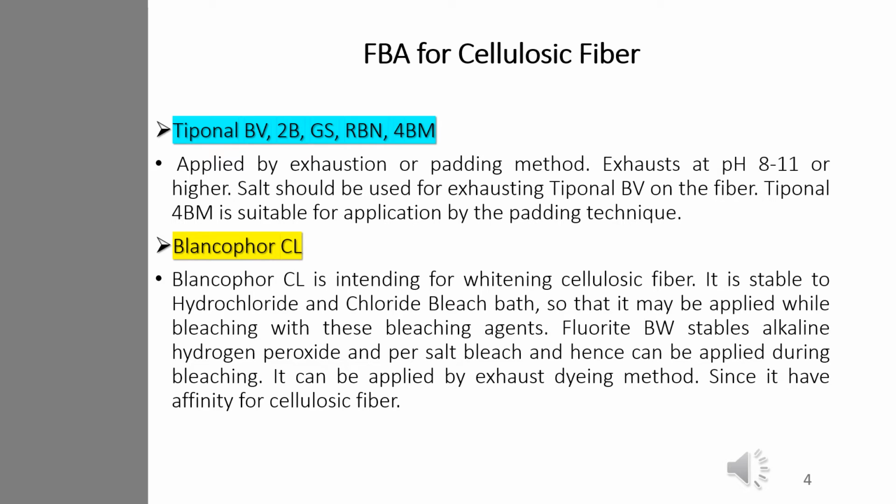What is the purpose of fluoride BW? The fluoride BW is stable to alkaline hydrogen peroxide and peroxide bleaches. It could also be applied for the bleaching purposes, or it performs the function of bleaching.